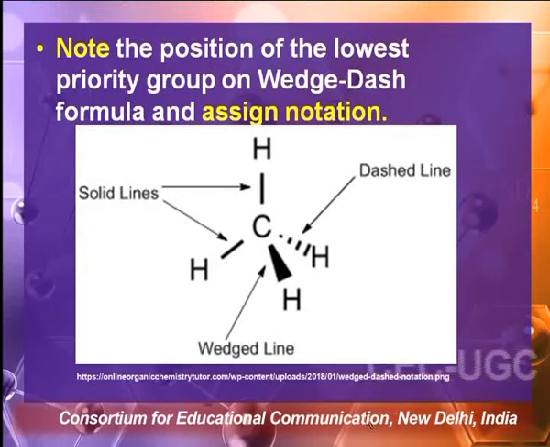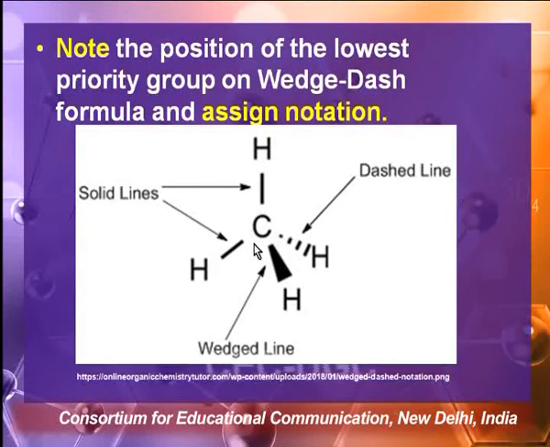In the Wedge-Dash formula, we know that the wedges represent the bonds which are coming towards the observer, and dash represents the bond which is going away from the observer, and these solid lines represent the bonds which are in the plane of the paper.